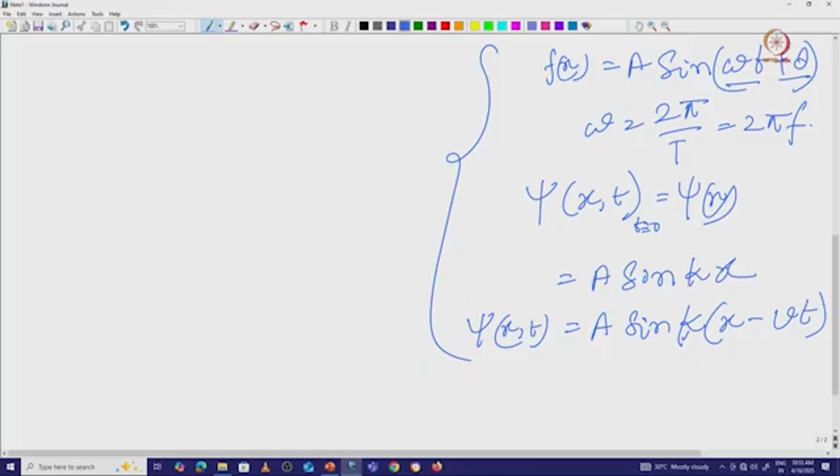So, let us take a look at how the changes happen in this wave over time. The spatial frequency is k, which I mentioned. K basically we can say will be 1 by lambda. This is called the spatial frequency.